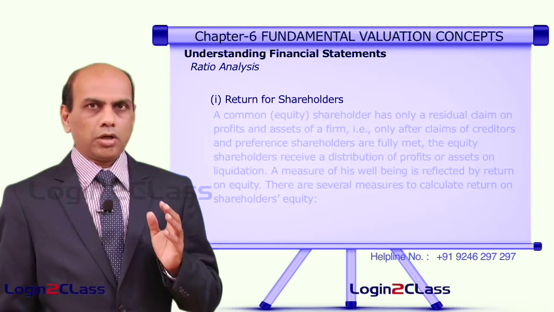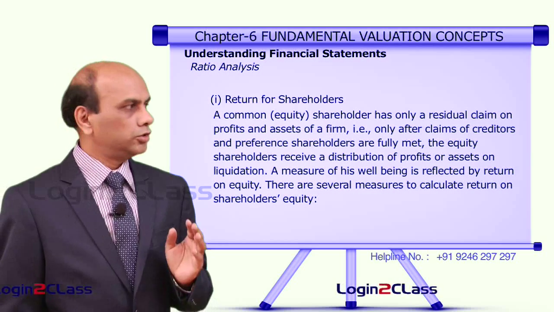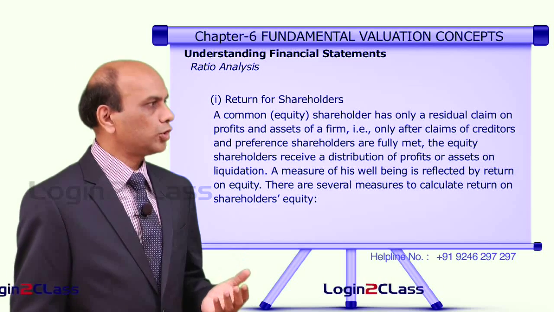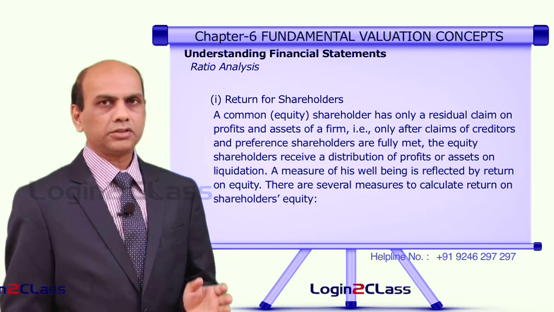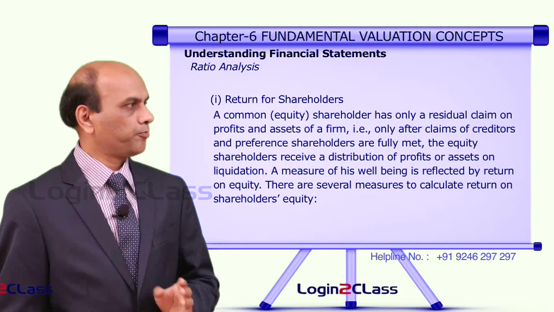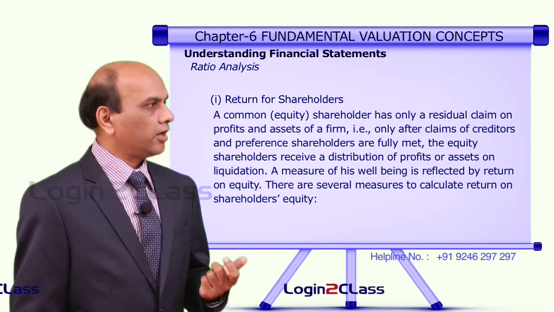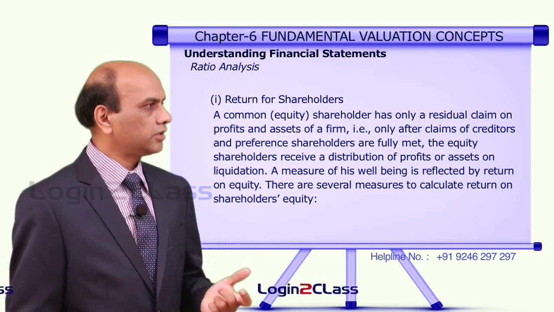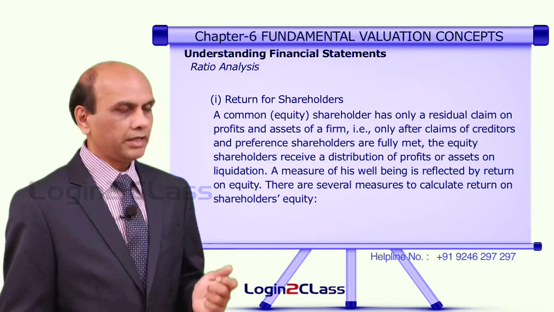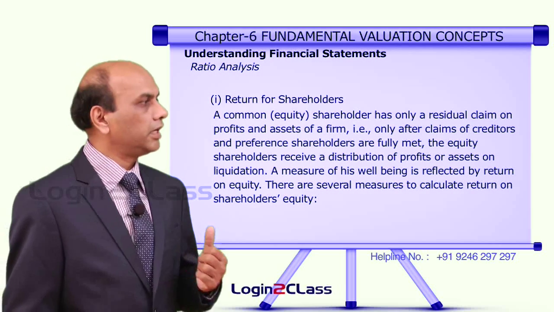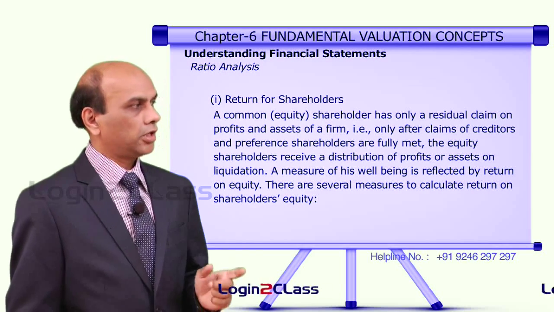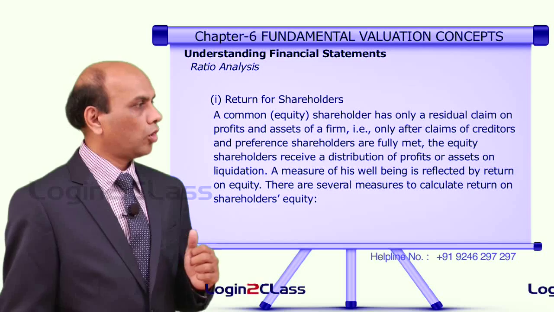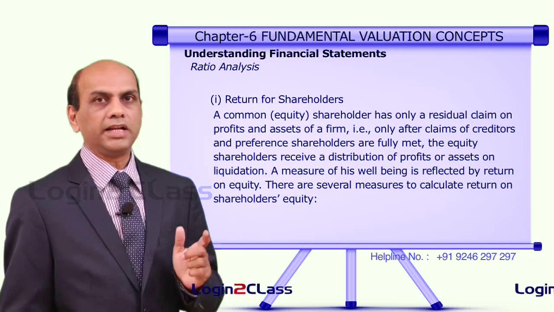Now, a common equity shareholder has only a residual claim on the profits and assets of a firm. That is, only after claims of creditors and preference shareholders are fully met do the equity shareholders receive a distribution of profits or assets on liquidation.